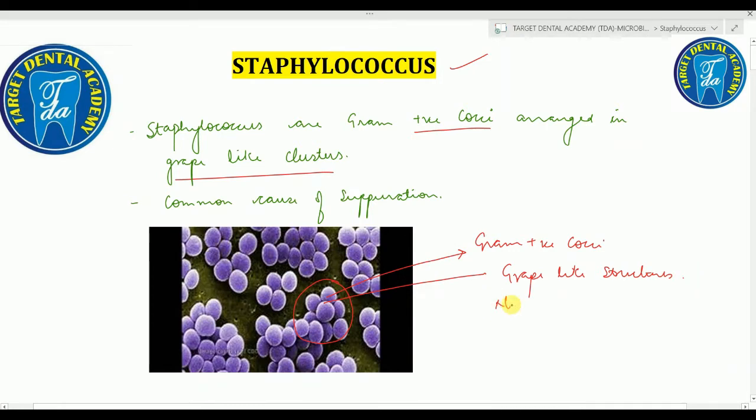These are non-motile, non-sporing, and approximately 1 micrometer in diameter.